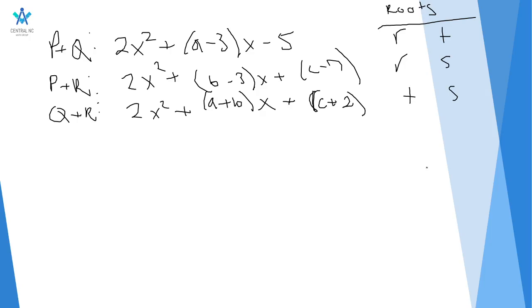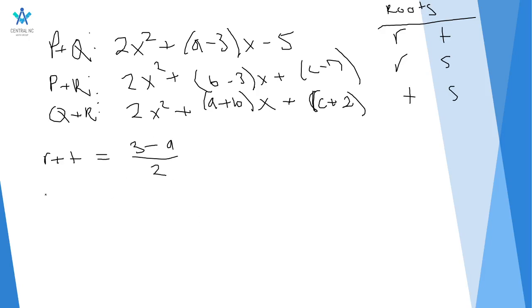So now what we can do here is express these roots using Vieta's formulas. If we write that out, we know that r plus t is equal to the negative of the x coefficient, which is a minus 3, over the coefficient of x squared, which is 2.